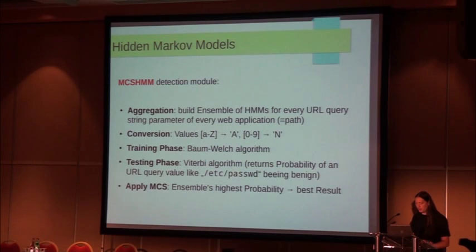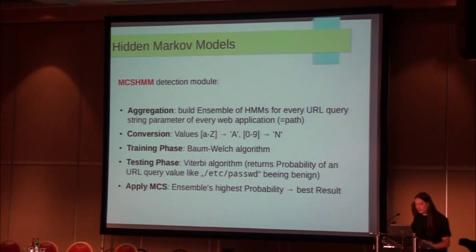We convert the alphabetic values to an A and the numerical values to an N. This is to get better results because this changes very often, and if it changes, it gets less usual. But we think that attacks hopefully are not carried out by only alphanumeric characters.